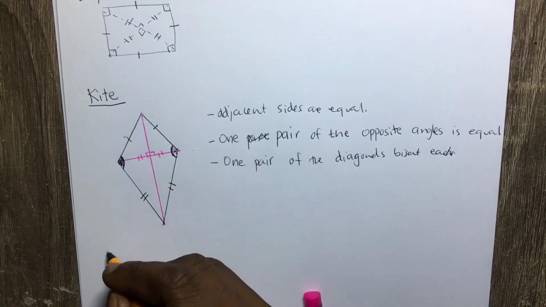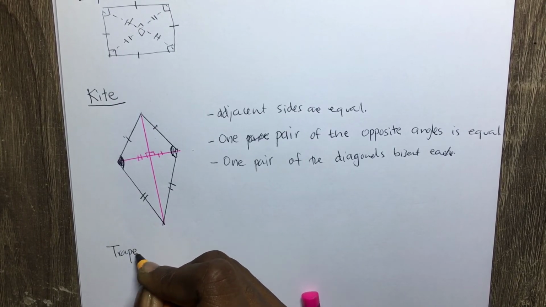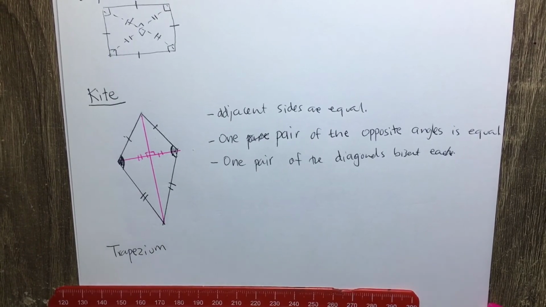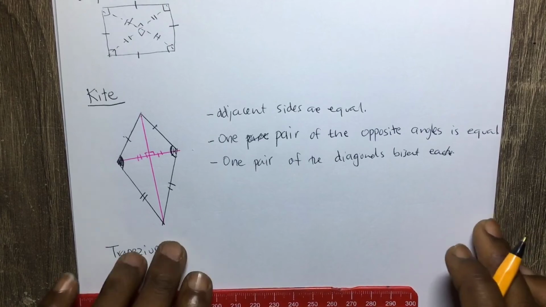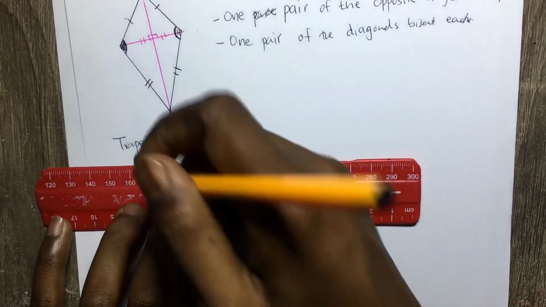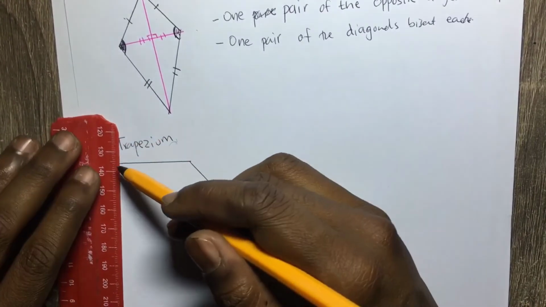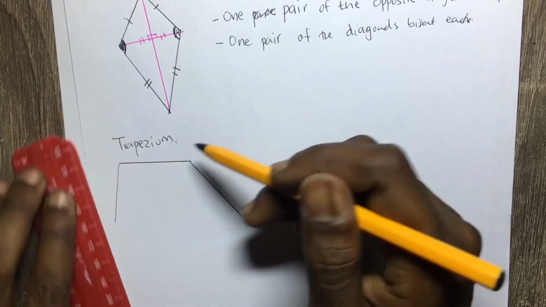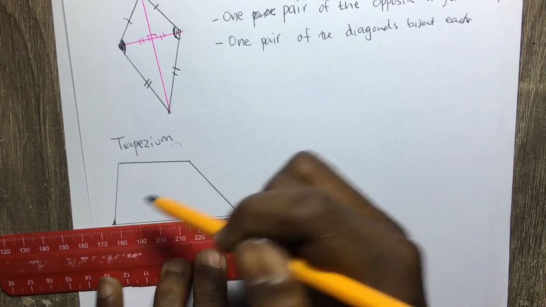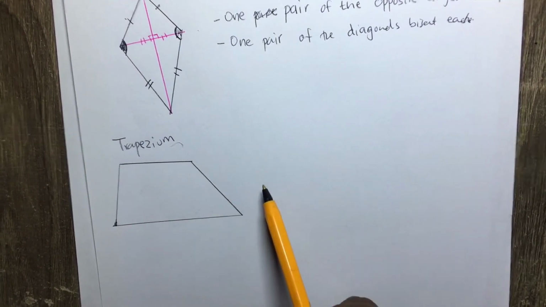And the last one is a trapezium. A trapezium looks something like this. I'm gonna try to draw it here using a ruler. So it looks something like that. Can you see, this side is not the same as that side, is not the same as that side.